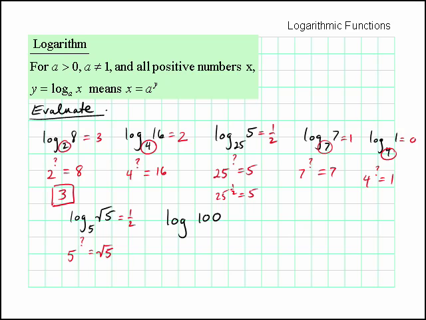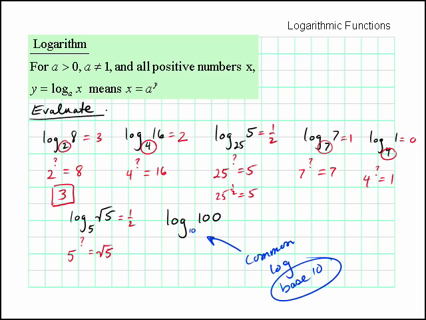Now, if we write log of 100, if I just write log and I don't put a base, this is called a common log. And common logs are always base 10. So the log of 100 really means log base 10 of 100.